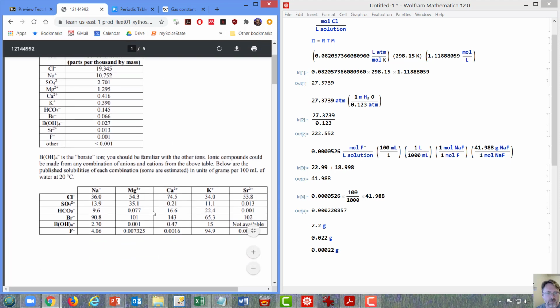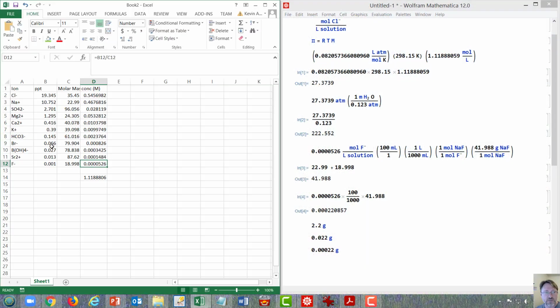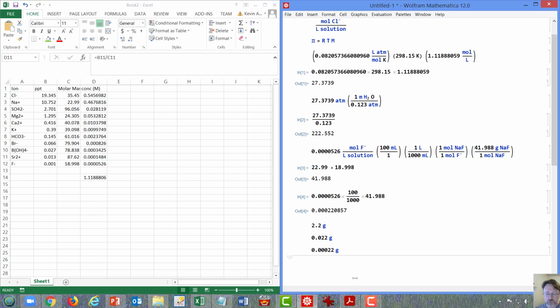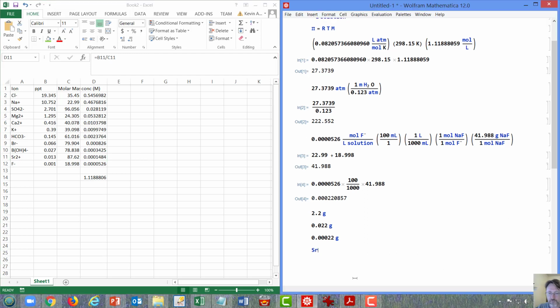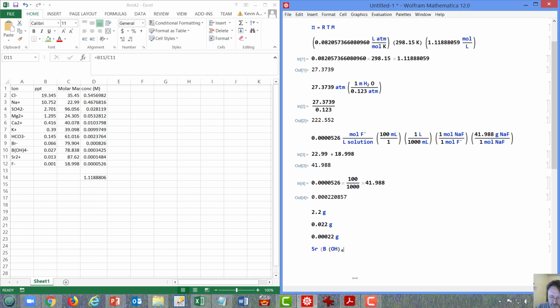So strontium borate is not available, but we have how much strontium is dissolved and we have how much borate is dissolved. The molarity, because we need to make sure that we are looking at the amounts correctly, because strontium is +2, borate is -1, so our compound is going to be Sr B(OH)4 2.